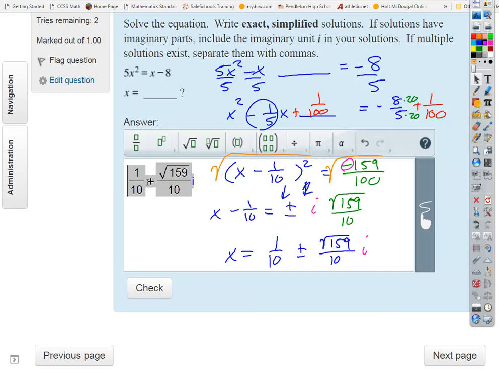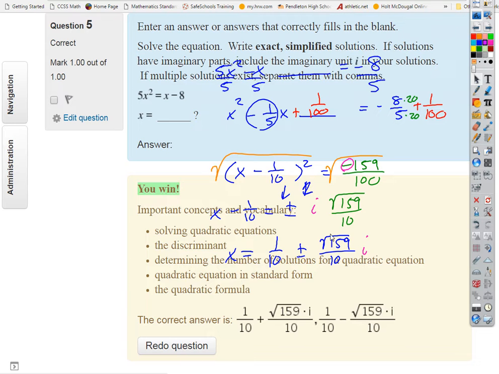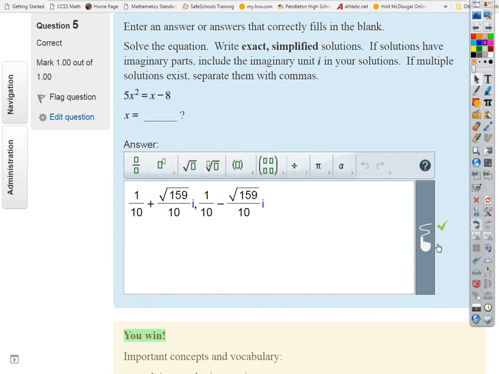So I get that solution, and same thing if I change the plus to a minus. Okay, there they are.